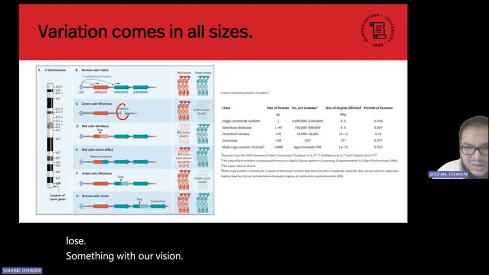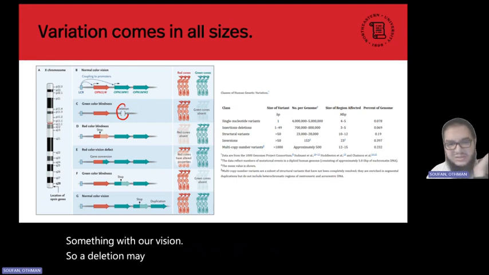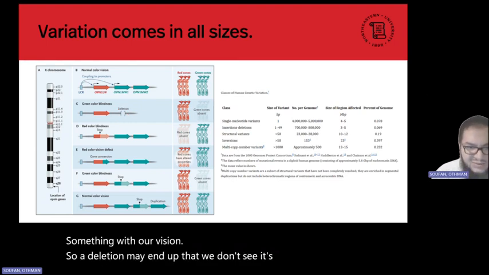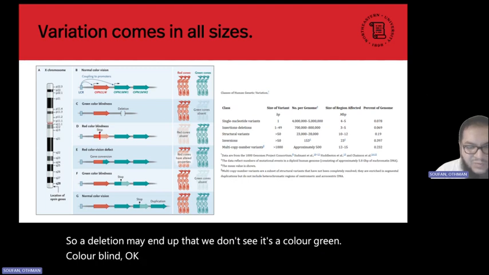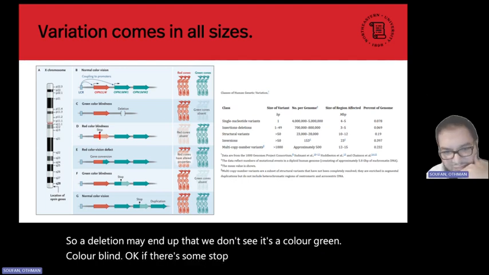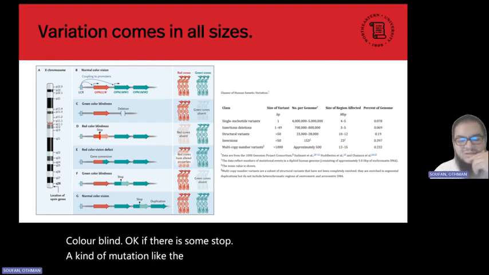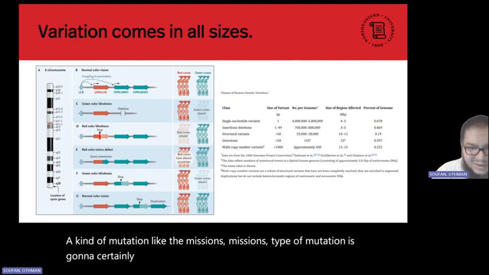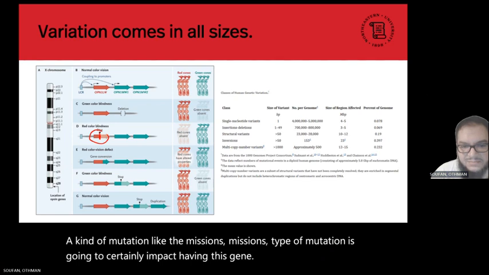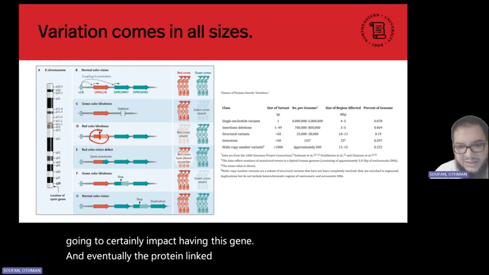So a deletion may end up that we don't see green color. It's green color blind. If there's some kind of mutation like the missense type of mutation, it is certainly going to impact having this gene, and eventually the protein linked to it, created properly.